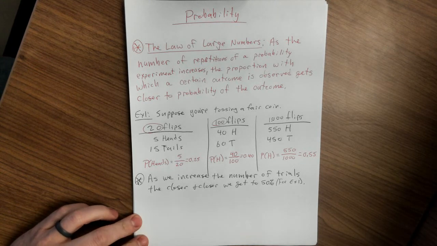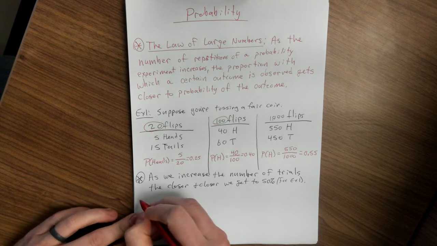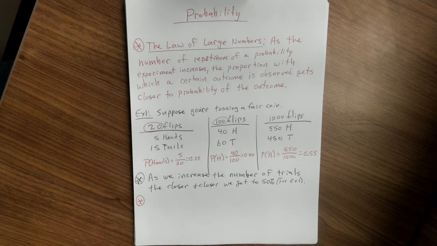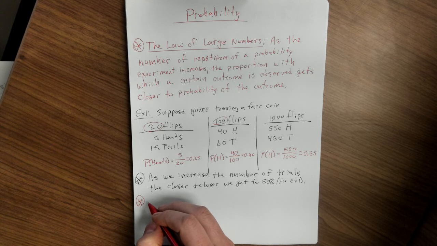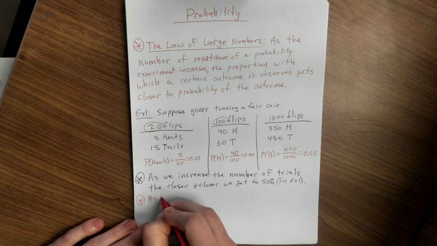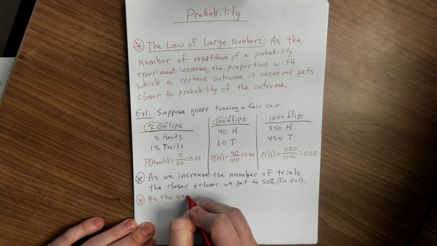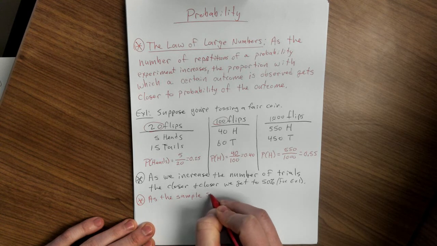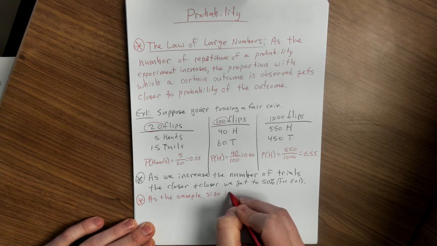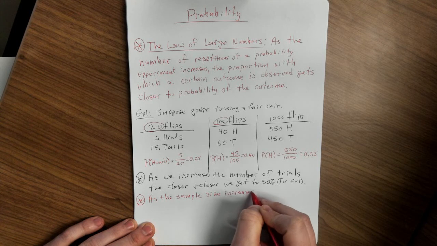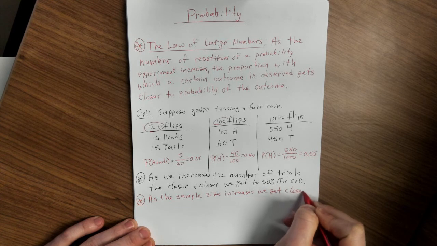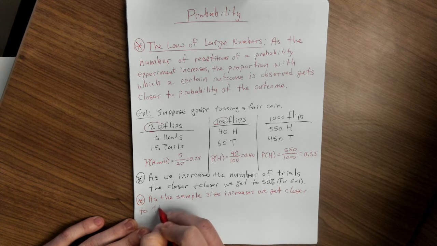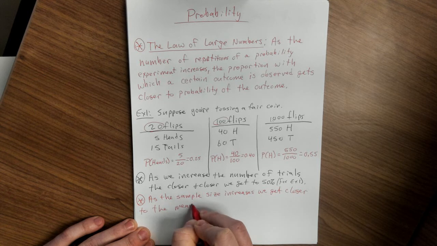The next thing I'd like to write is along the same lines. Now it's just extending it towards a sample. It's a little long, but we're going to write it so that we have good notes here. As the sample size increases, we get closer to the mean of the population.